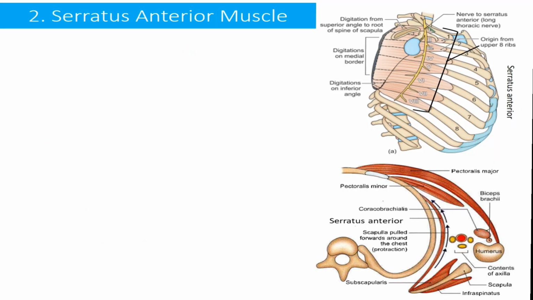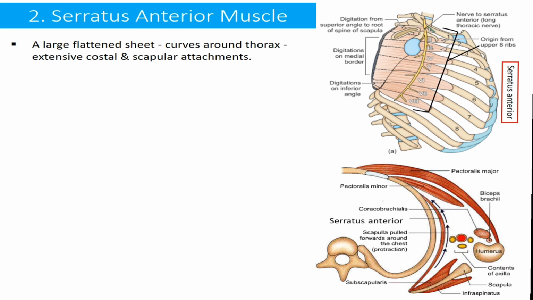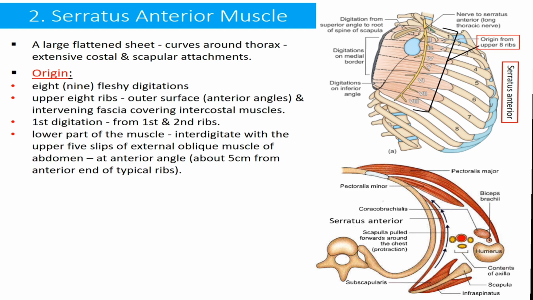The second muscle of the region is serratus anterior muscle, which is present as a large flattened sheet of muscle mass which curves around the thorax and has got extensive costal and scapular attachments. It has got 8 fleshy digitations which originate from the outer surface of upper 8 ribs close to the anterior angle plus intervening fascia covering the intercostal muscles.